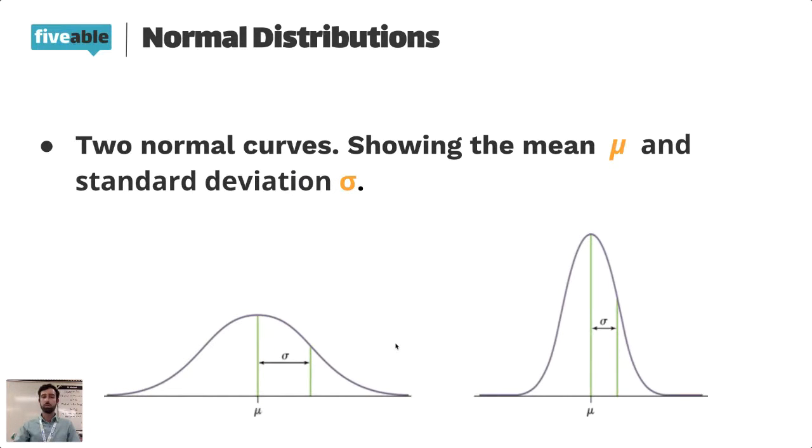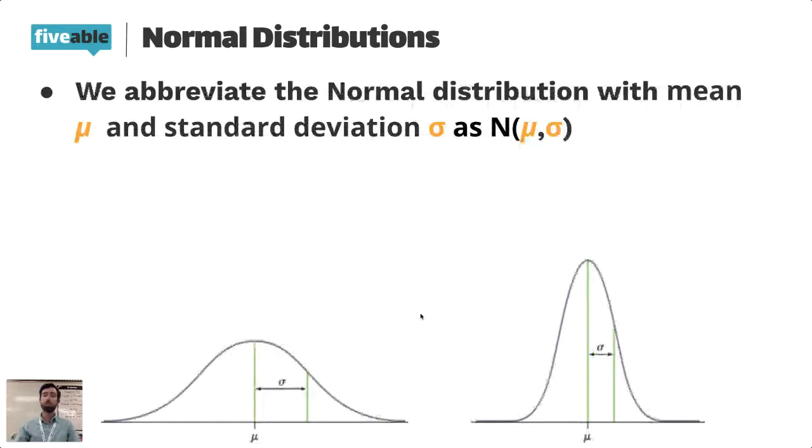Again, these two curves show normal distributions with an average and a standard deviation. We abbreviate normal distribution, so you're going to see this notation a lot. Stats is really big on its notation.